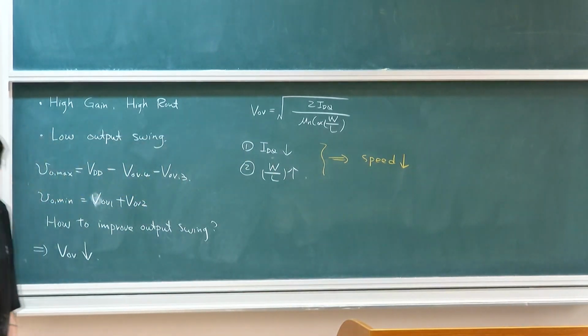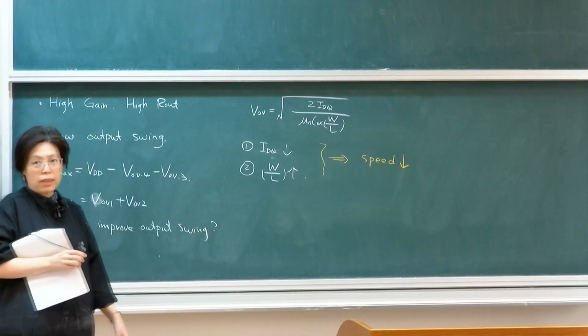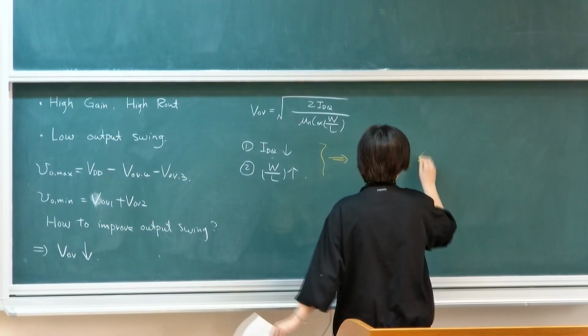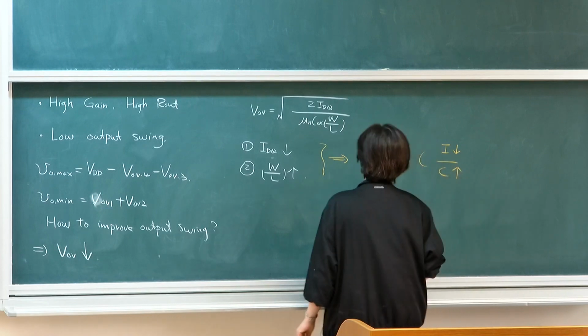IDQ will make your current smaller, meaning that your charging speed will slow. And W/L will make capacitance higher. So the reason why speed decreases is that your current decreases and capacitance increases.